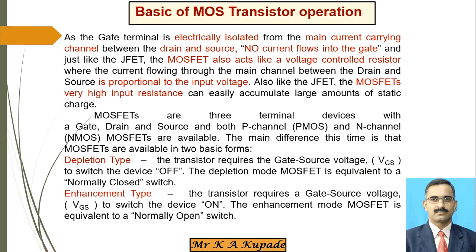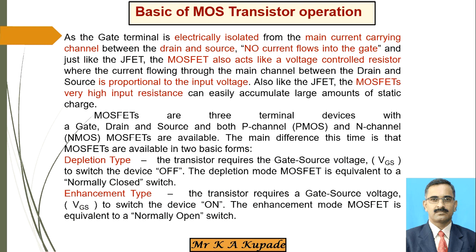Now, the depletion mode transistor requires the gate source voltage VGS to switch the device off. The depletion mode JFET or MOSFET is equivalent to a normally closed switch. In this depletion type, it requires the gate source voltage VGS to switch the device to an off condition. This is called a depletion type.